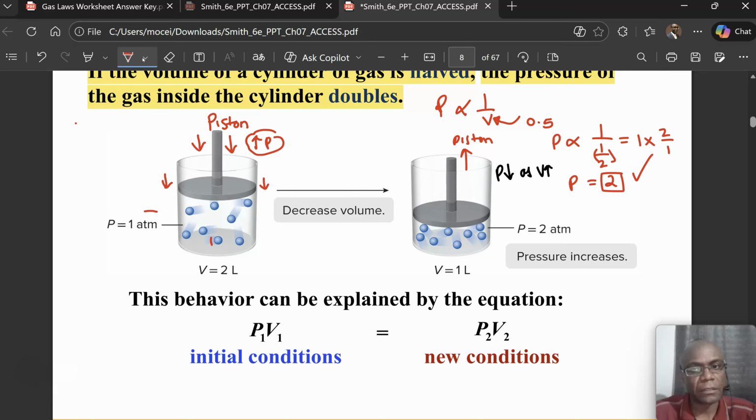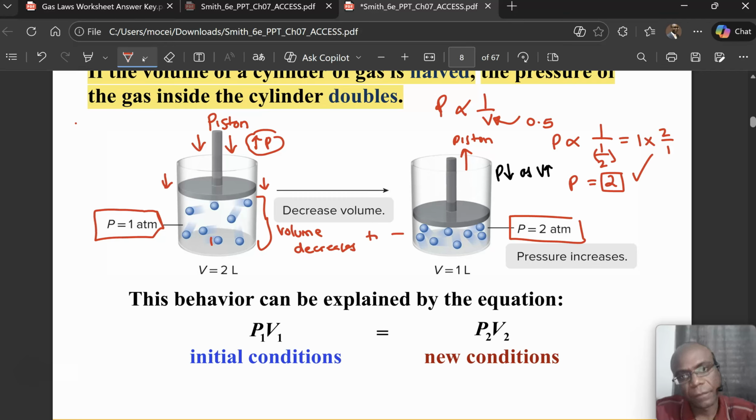You are starting off with 1 atm, but you're applying pressure, now it goes to 2 atm. What you're noticing here is that the volume is decreasing to that much space or volume. The number of molecules are the same: 1, 2, 3, 4, 5, 6, 7, 8.